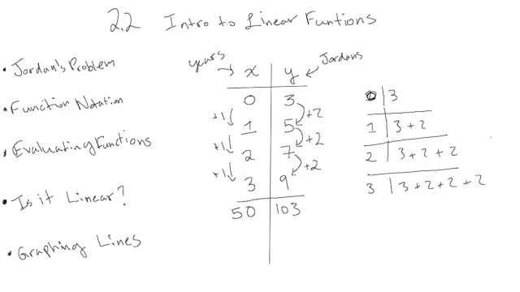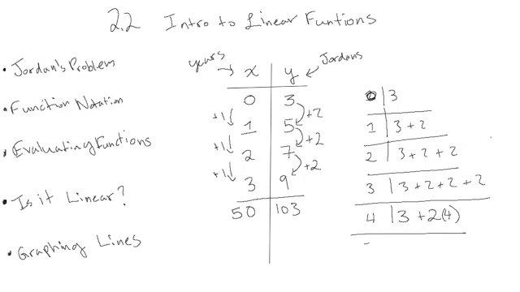You all see how this is going, right? So basically what you can say is, hey, I'm going to have 3 plus 2, and then repeated addition is just multiplication, right? And it's going to be 2 times whatever year I'm at. So you see there are 3 2s for year 3, 2 2s for year 2. Does that make sense?